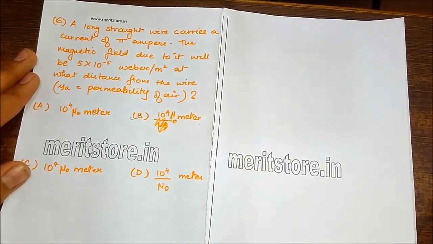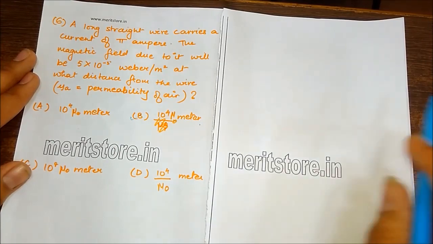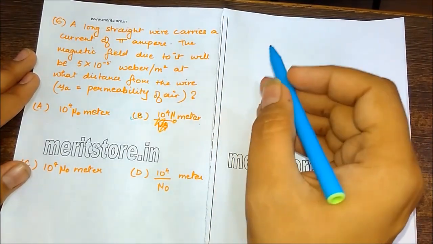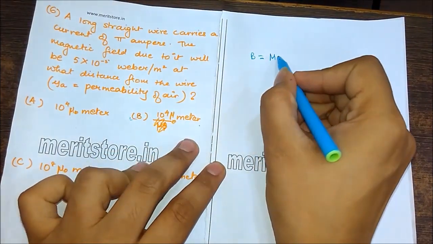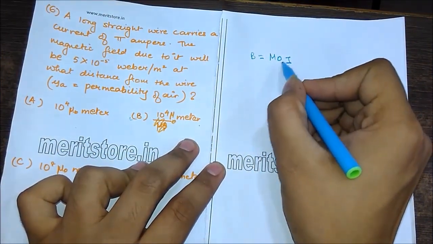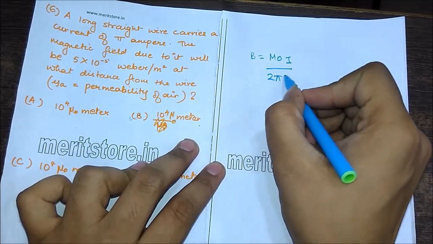Question number 6. A long straight wire carries a current of pi ampere. The magnetic field due to it will be 5 into 10 raised to minus 5 Weber per meter square at what distance from the wire? So now, to solve this question, we know magnetic induction B is given by mu 0 I upon 2 pi r.